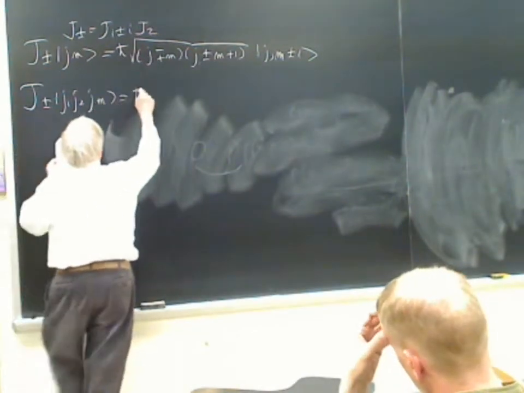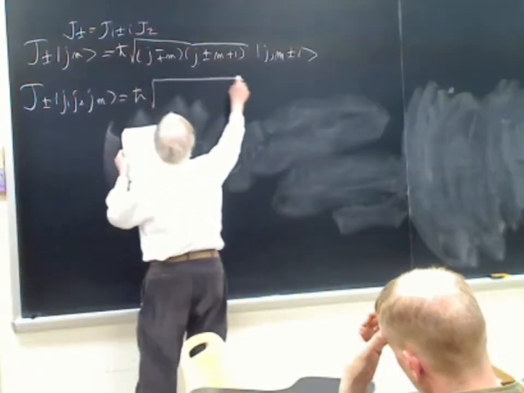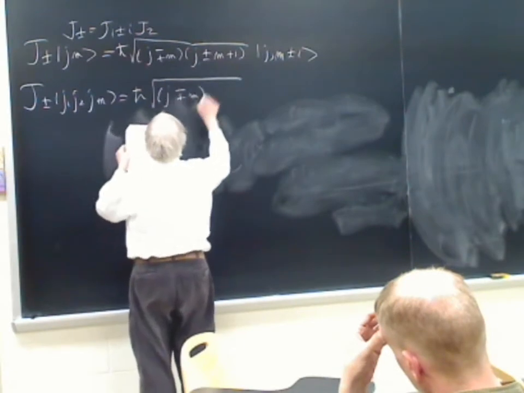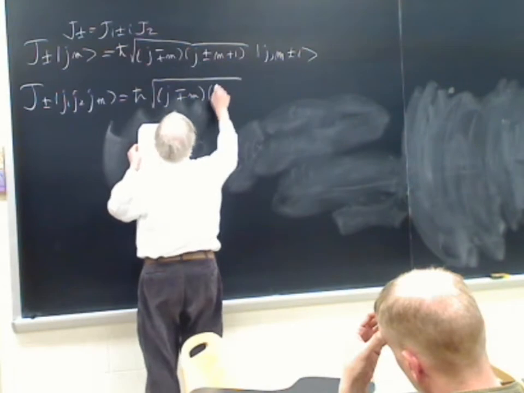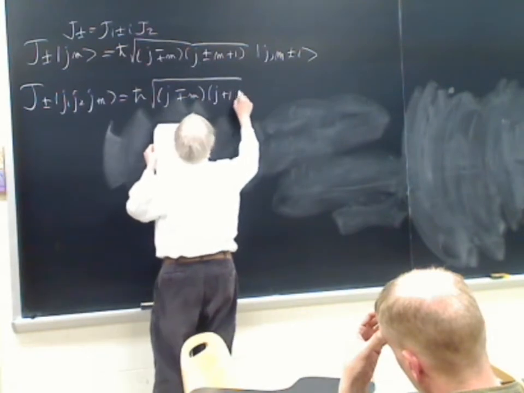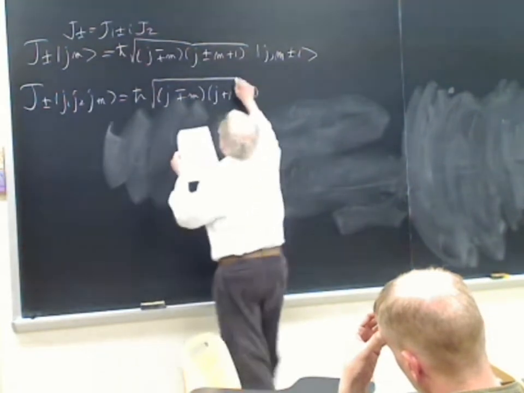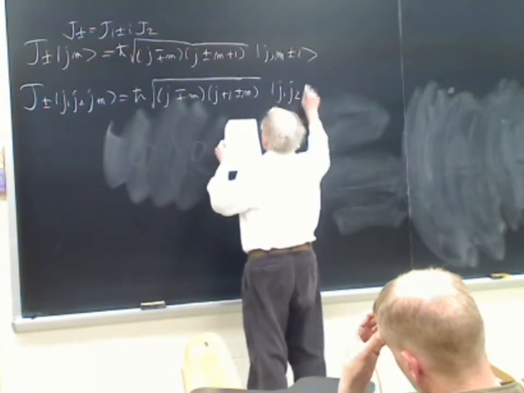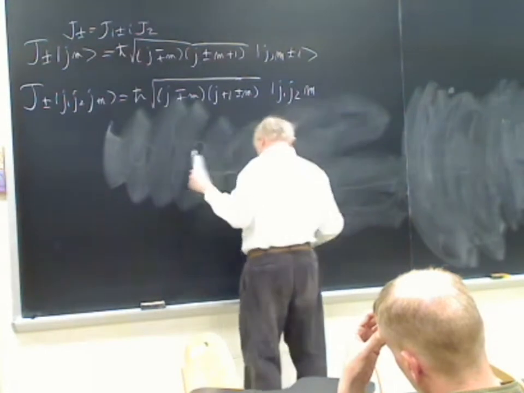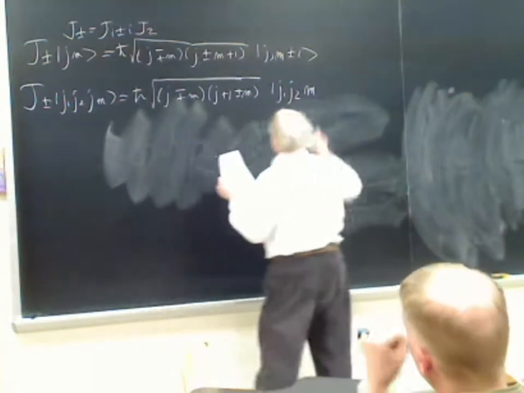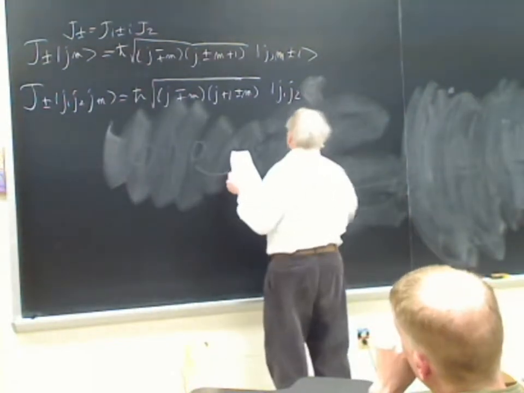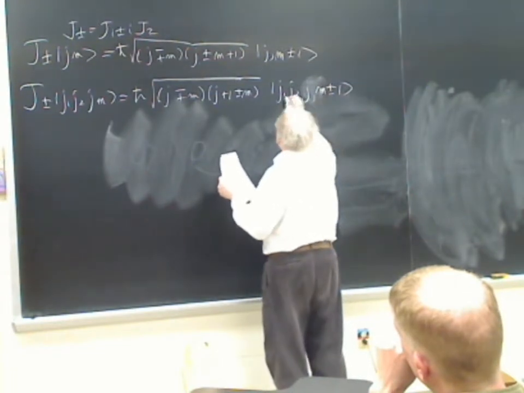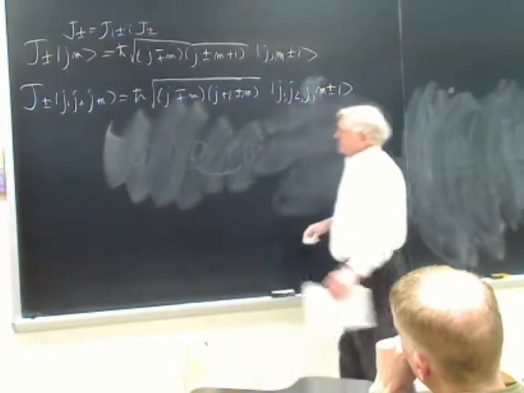So this is h bar square root of (J minus or plus M)(J plus or minus M plus 1).